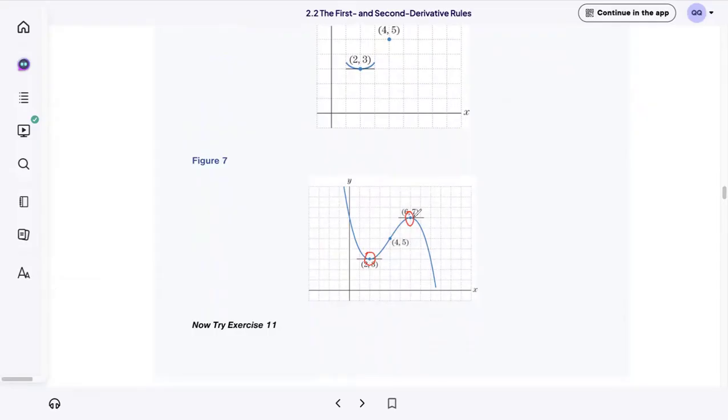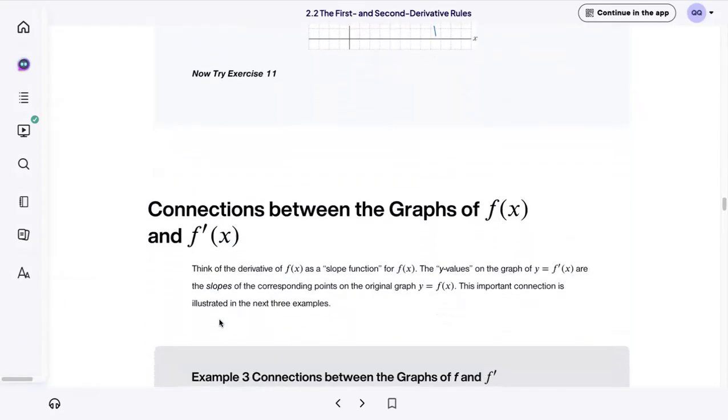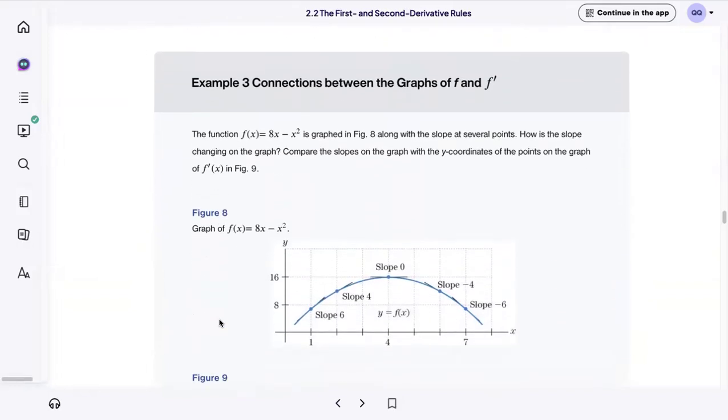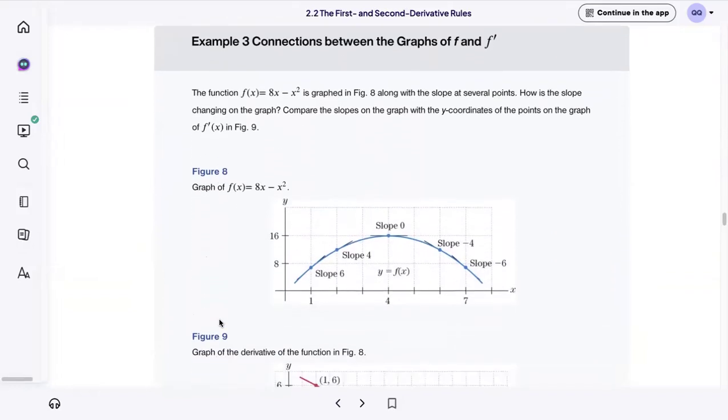Once it's concave down, it goes like that. So between the original function and the first derivative, when the derivative is positive, the function increases. When the derivative is negative, it decreases.